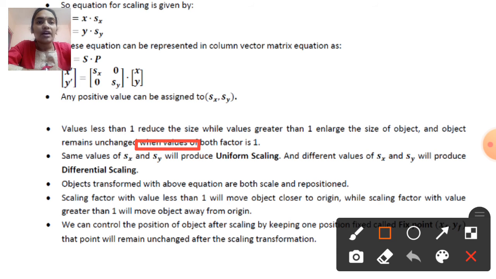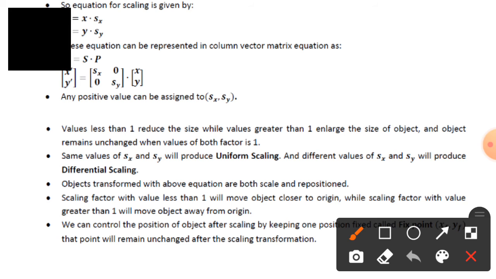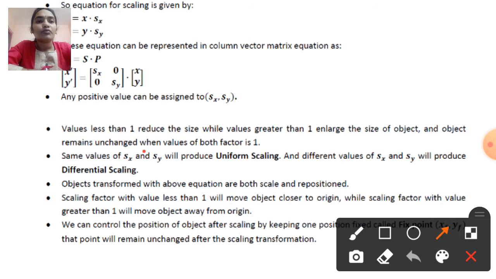If the values of both factors are 1, then the object is unchanged; the size will not change. If less than 1, the size will reduce. If greater than 1, then the size is enlarged.